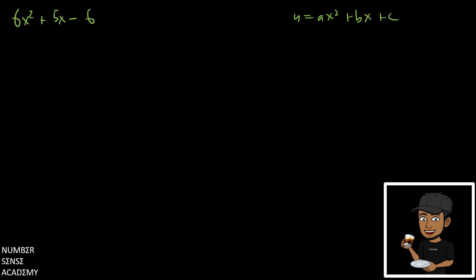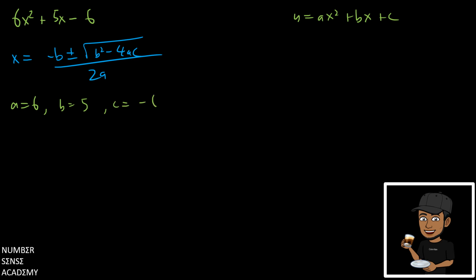So all we're doing is taking the coefficients and replacing them in the formula. The formula is x equals negative b plus or minus the square root of b squared minus 4ac over 2a. And the values are a is equal to 6, b is equal to 5, and c is equal to negative 6. So that's what we're going to plug into our formula.